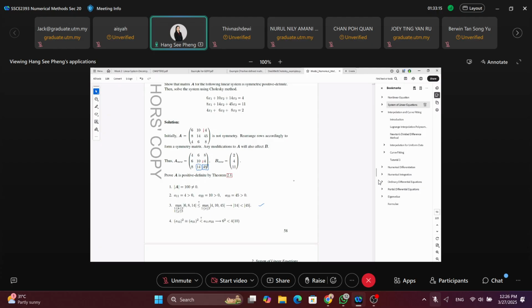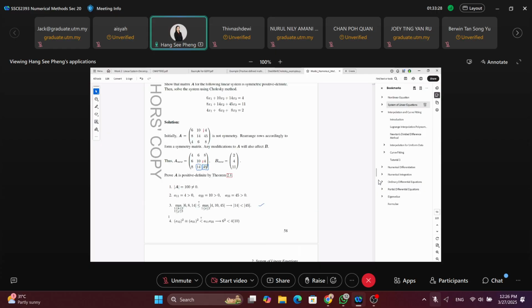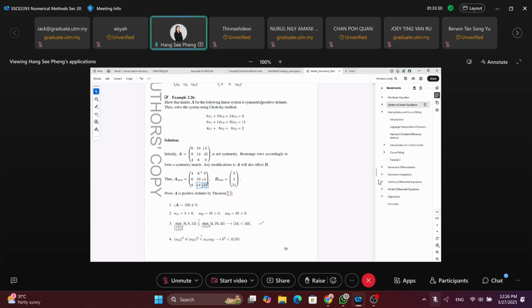Then because this is symmetric, A12 and A21 are the same. So see whether they are less than A11 multiplied by A22. Let's do the checking quickly. We have 6 squared, 36, compared with 4 multiplied by 10, that is 40. Satisfied.